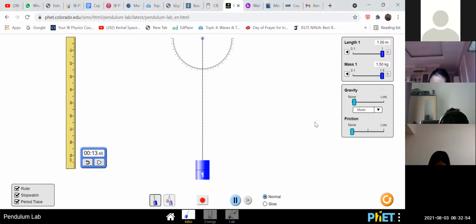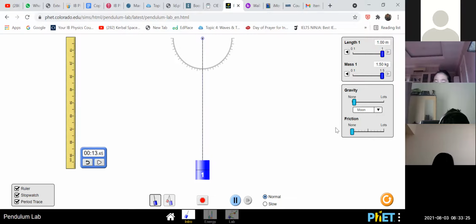This is the moon here, and I am keeping the same length and the same mass, 1.50 kilogram, but the gravity has changed. As you may be aware from your previous lessons in grade 7 and grade 8, gravity is different on different planets.